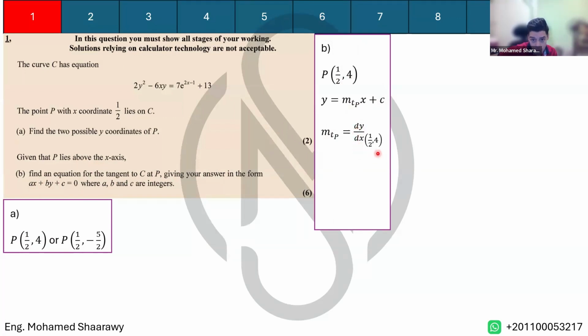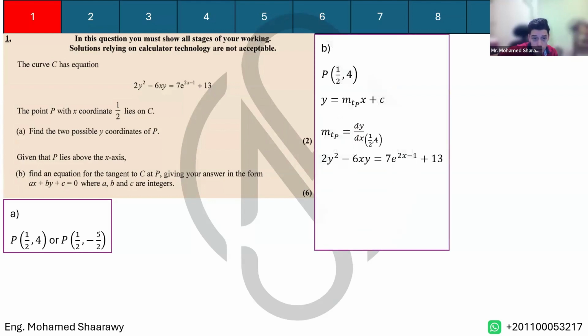In order to get the slope, I need to find the differentiation of y with respect to x at this location. In order to get this value, I must differentiate this equation with respect to x. So what is the differentiation of 2y squared? It will be 2 times 2 multiplied by y to the power of 1 multiplied by the differentiation of whatever is inside the bracket, which is dy by dx.